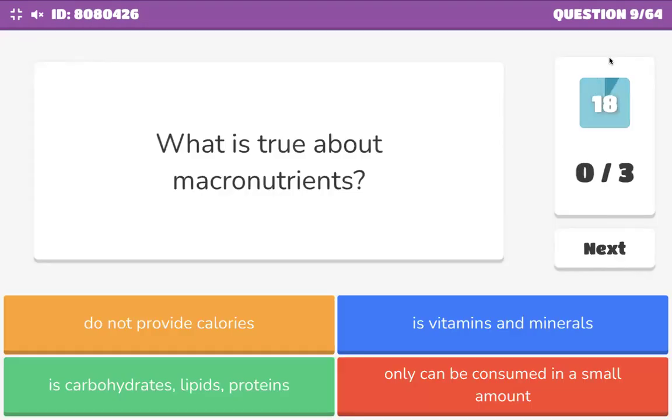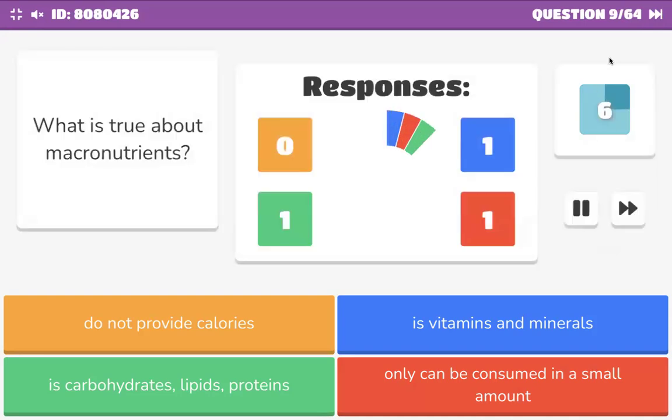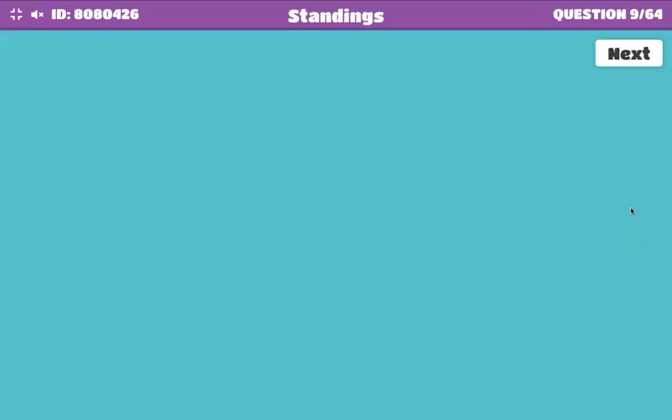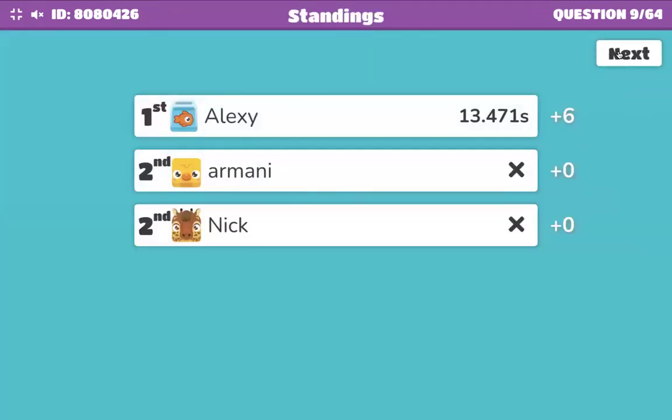What is true about macronutrients? They are carbohydrates, lipids, and proteins. Vitamins and minerals are micronutrients because you only need a little bit of them.